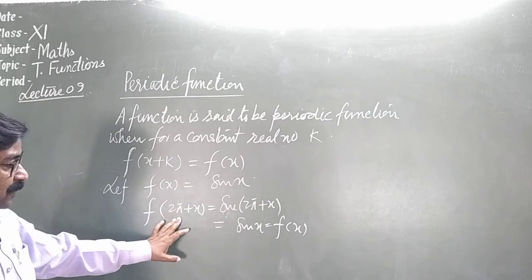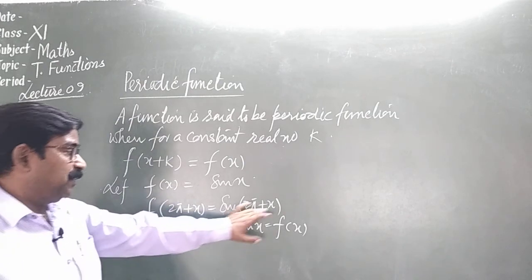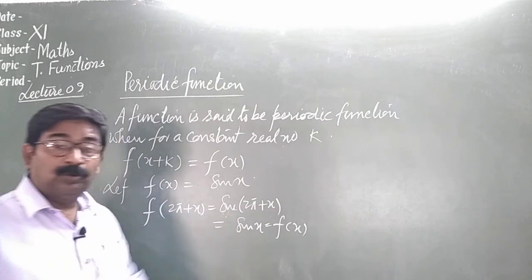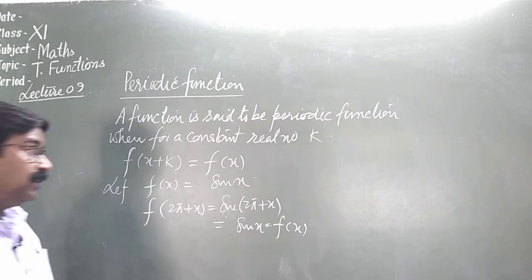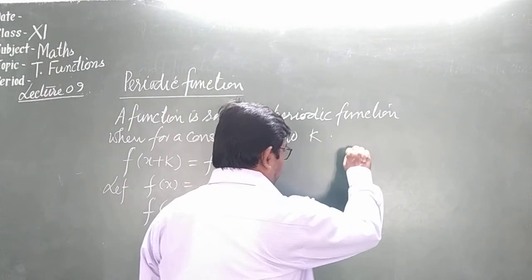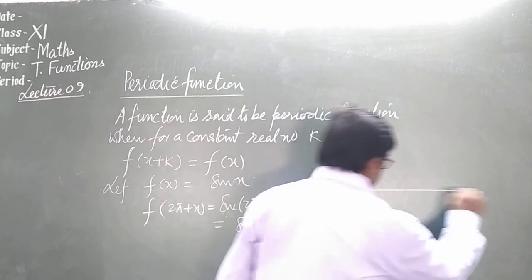If we have added 2 pi to it, sin of 2 pi plus x, it becomes sin x, which is equal to f of x. Got it?